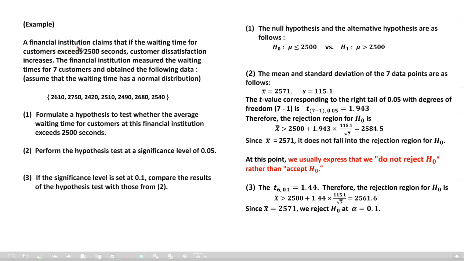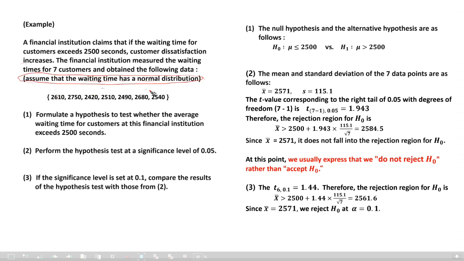Okay, let's see an example. A financial institution claims that if the waiting time for customers exceeds 2,500 seconds, customer dissatisfaction increases. The financial institution measured the waiting times for 7 customers. The 7 values they obtain are the sample. Assume that the waiting time has a normal distribution, because I added this since it is a small sample.